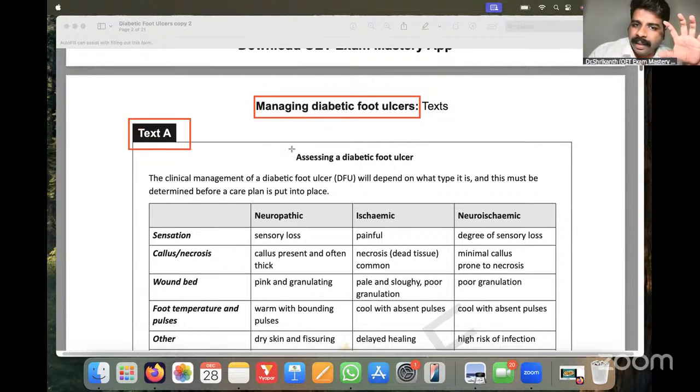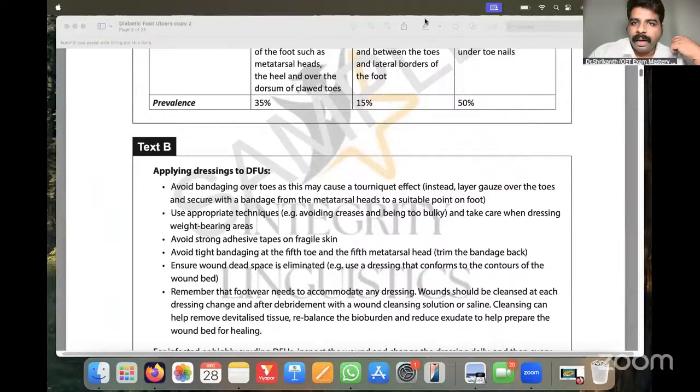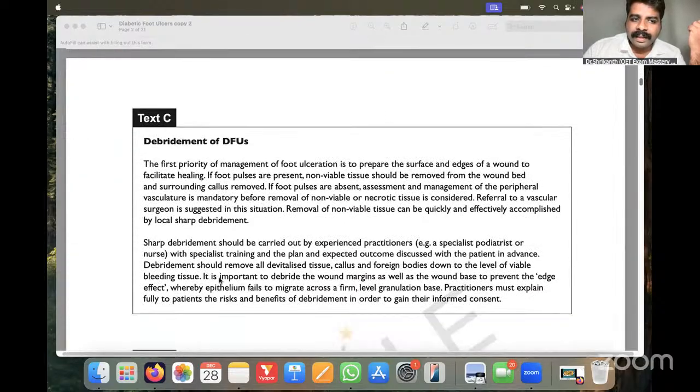Text A, the main heading is assessing a diabetic foot ulcer. Similarly, we have our second text. What's the second text? It is called text B, and it has a heading, applying dressings to DFUs. Right. And now let's go to text C. So we have the third text, and it is debridement of DFUs.